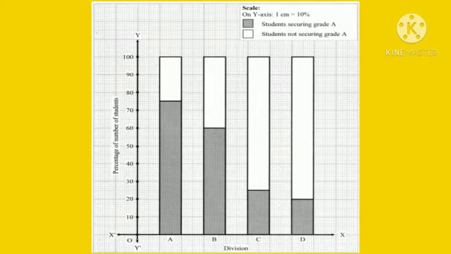On the y-axis, we will plot the numbers as 10, 20, 30, 40, 50, 60, 70, 80, 90 and 100.